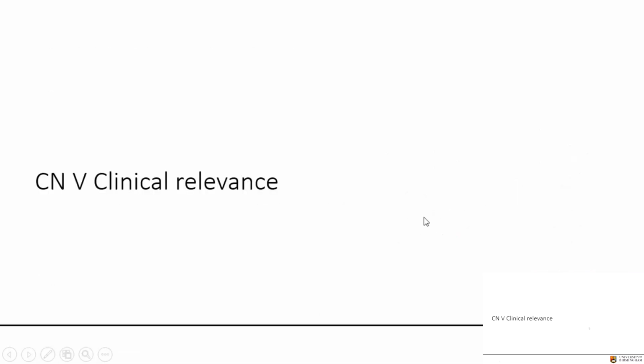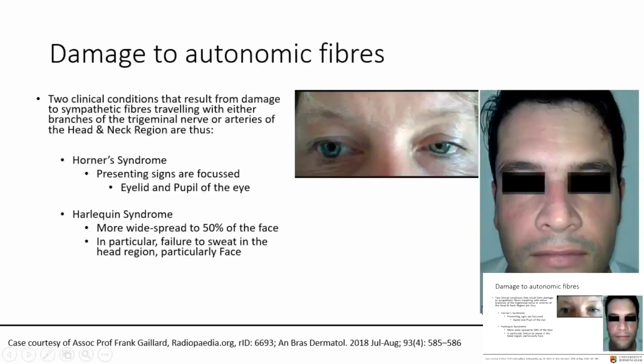Right. So, in terms of the clinical relevance of the trigeminal nerve, we have talked about the sympathetic fibers that hitchhike along the carotid system and branches of the trigeminal nerve. Two of the major clinical conditions that may arise from damage of the sympathetic fibers are Horner's syndrome and also Harlequin syndrome.